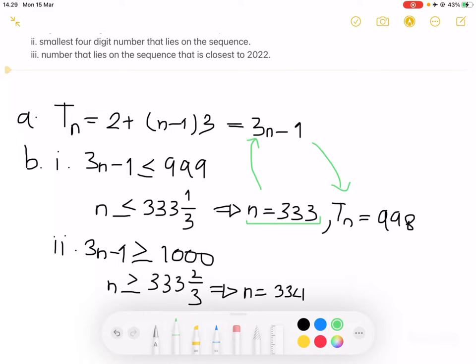Therefore we can plug back into our formula for the nth term of the sequence to get the smallest 4-digit number that lies on this sequence, which is 1001.